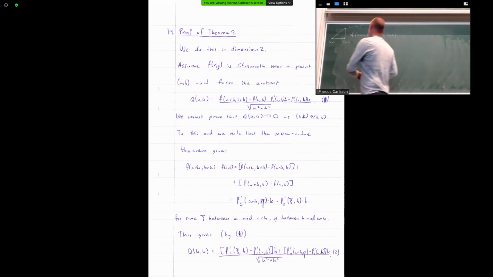Right, so we're not going to go that way. We're going to go the other way. We're going to go like this and then like this. So this is the point. Okay, we're interested in the point (a+h, b), right? And that's that point. So then we go like this and then like this. Fine.